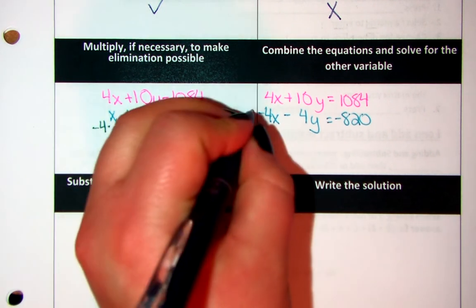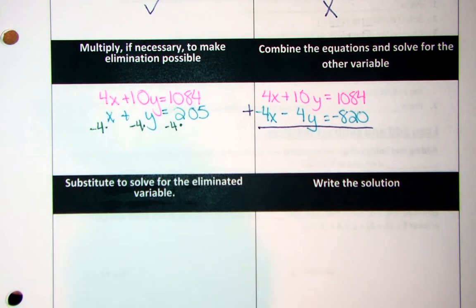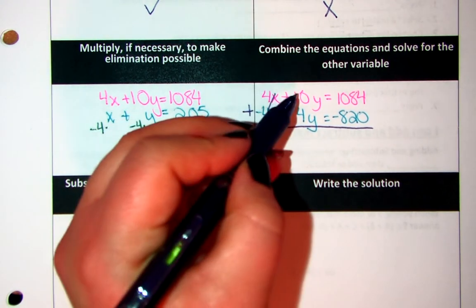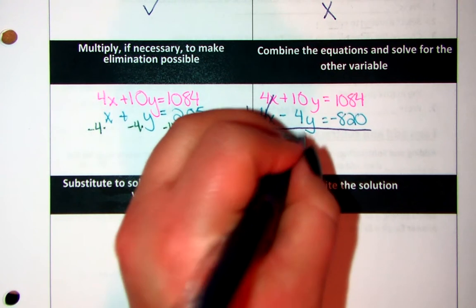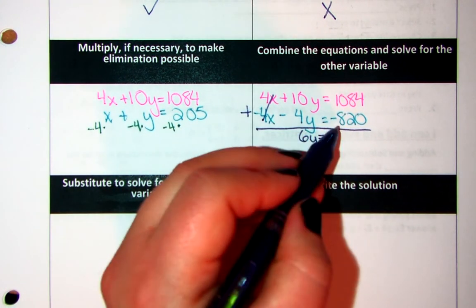And just like we were doing when they gave us the system, we are adding the two of them together. So our x's really do cancel, and our y's become 6y.